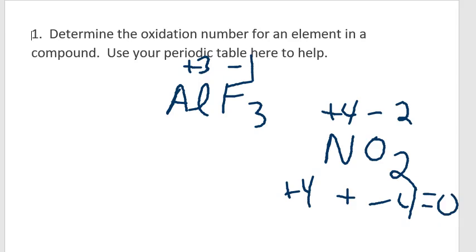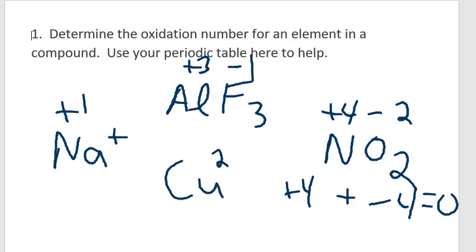Now, just like with individual elements, the oxidation number is 0. If you're given an ion, for example, let's say you were given Na+, real simple, that ion charge is equal to the oxidation number, or Cu2+, the ion charge is equal to the oxidation number, or let's say Cl-, the ion charge is the oxidation number.